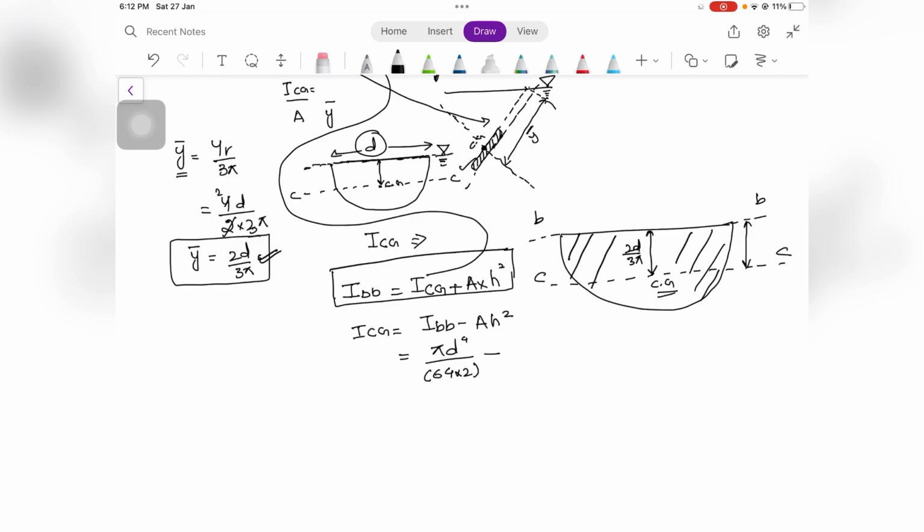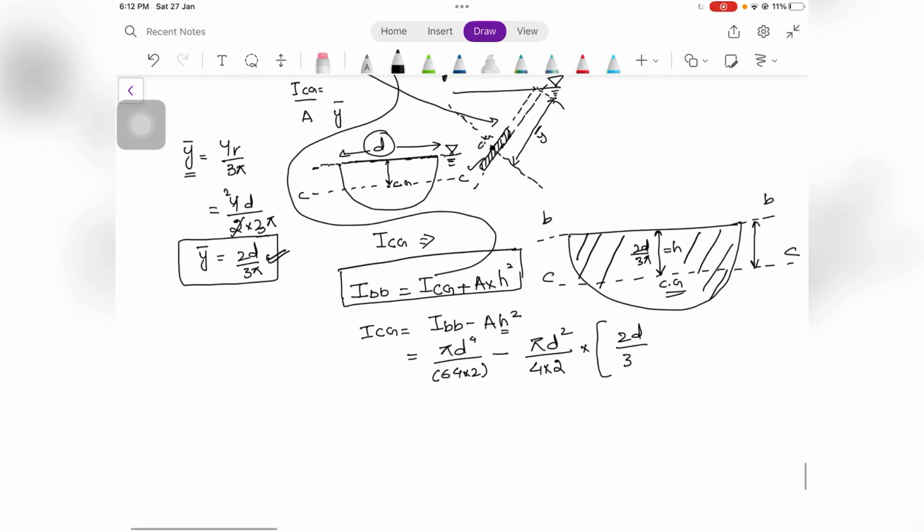So going further, area A is the area of the semicircular plate, which is pi times d squared upon 8, times h, where h is the distance between the two axes. So h is 2d upon 3 pi, squared.